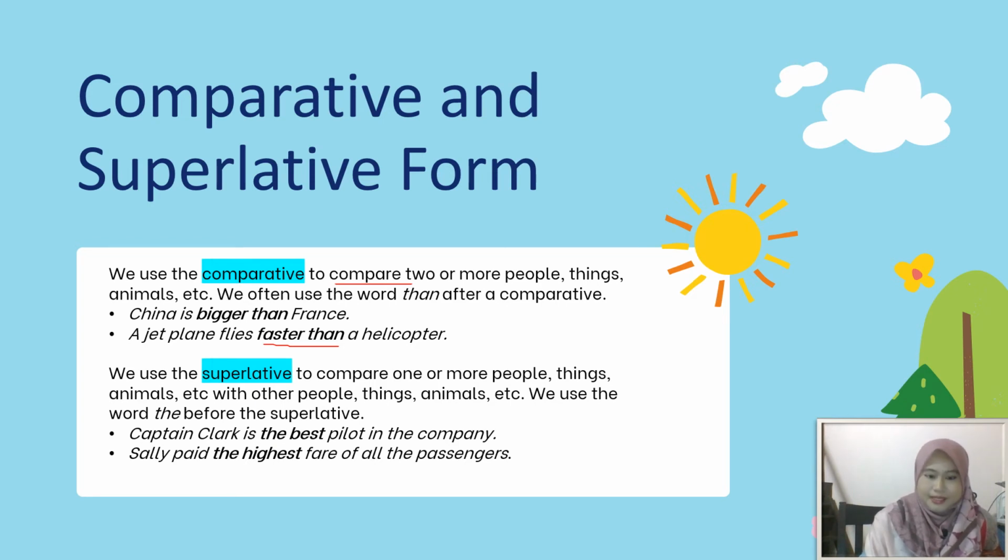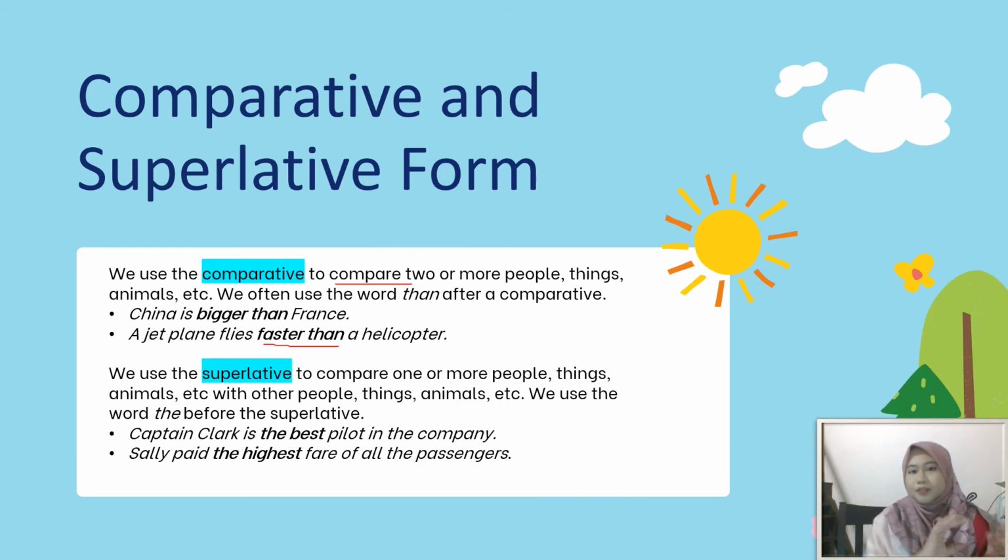Sally paid the highest, paling tinggi atau paling banyak, tambang paling banyak, the highest fare of all passengers. So you compare to the other passengers, bandingkan dengan penumpang-penumpang lain. So that is when you use superlative.